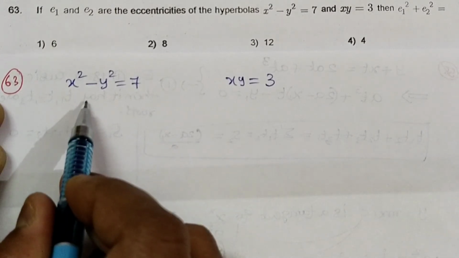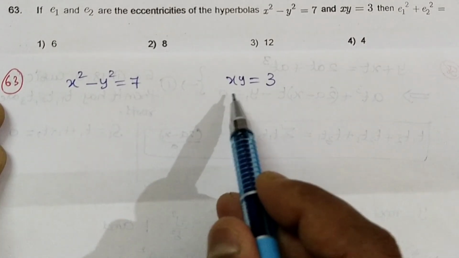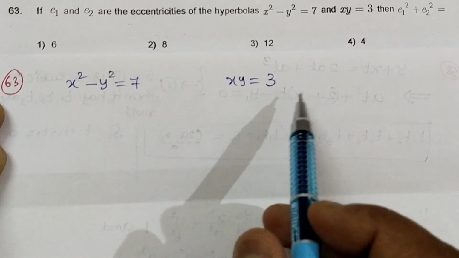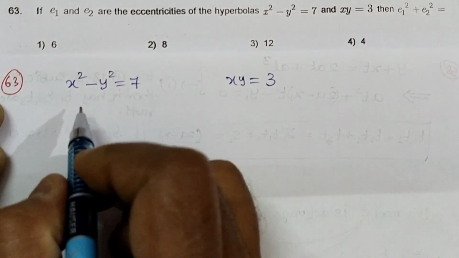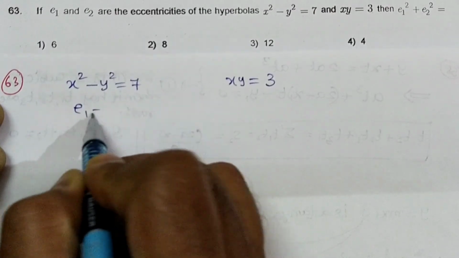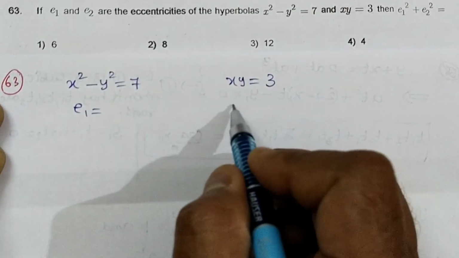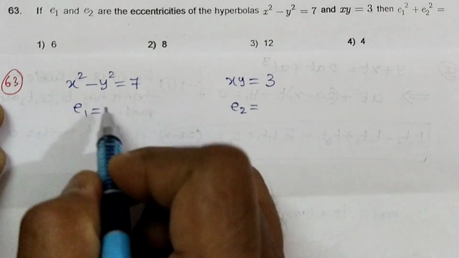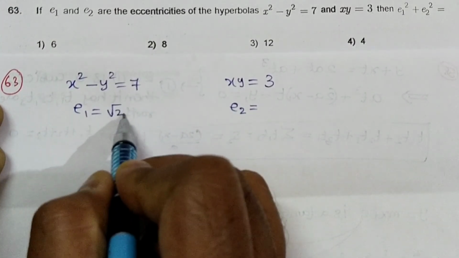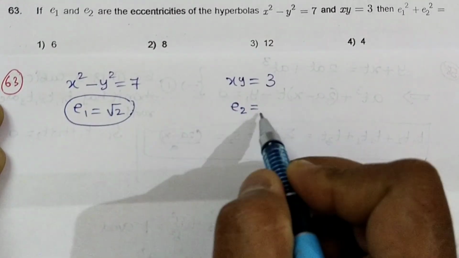In this case, A is equal to B. It is in the form of xy equal to c square. This is also rectangular hyperbola form. E1 is the eccentricity of this rectangular hyperbola, E2 is the eccentricity of this hyperbola. For rectangular hyperbola, the eccentricity is root 2. Even E2 is also root 2.